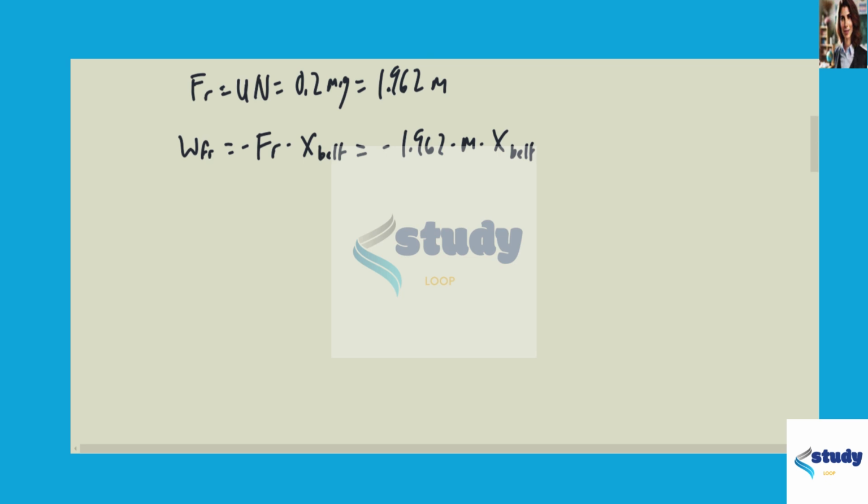Now using conservation of energy, using the kinetic energy at C that we found earlier, plus the work, equals the kinetic energy at the belt, negative 1/2. Just plug in the values that we know. The ones we don't know, we keep as variables.